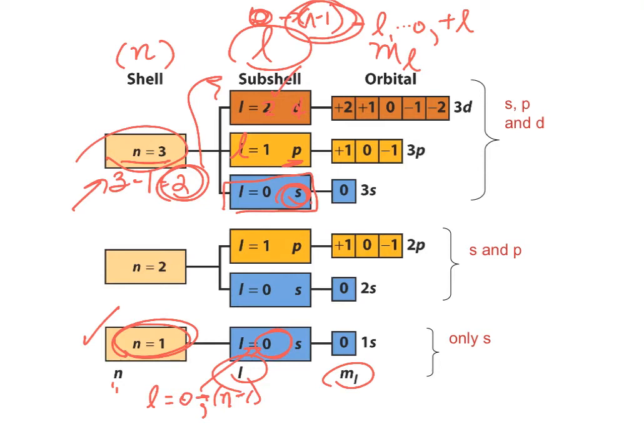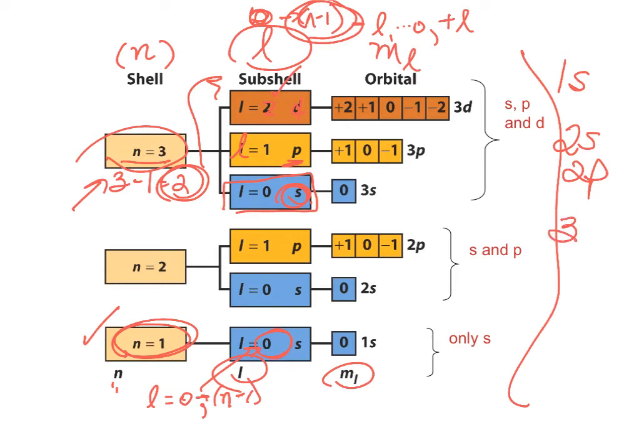I don't know if you remember this from high school, but here's a really simple way to state all that. Energy level 1 only has s orbitals. Energy level 2 has 2s and 2p orbitals. Energy level 3 has s, p, and d orbitals.